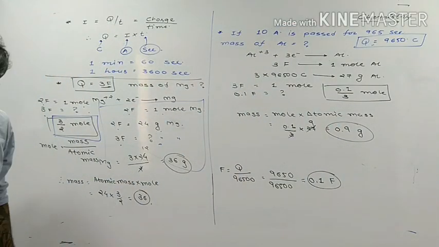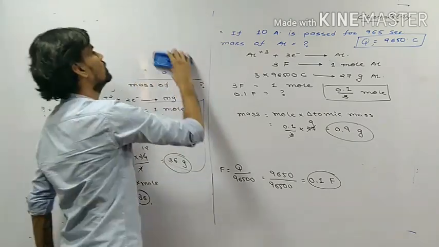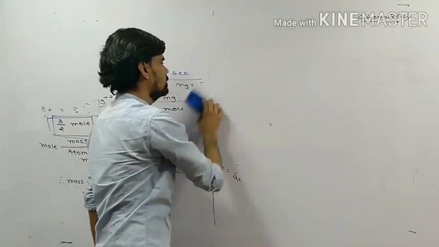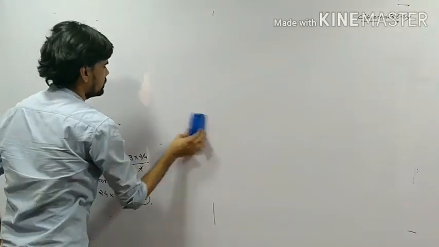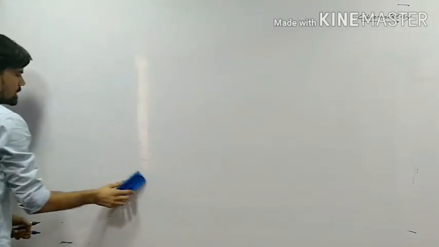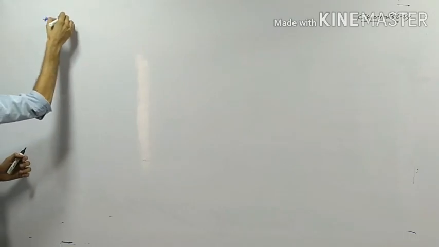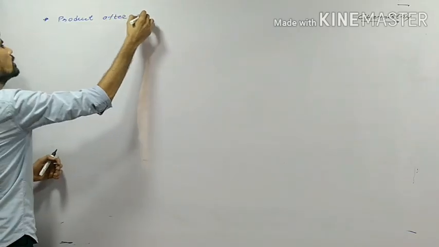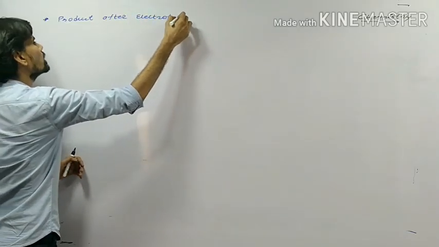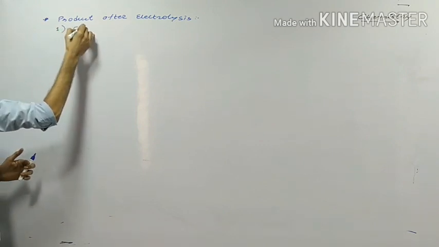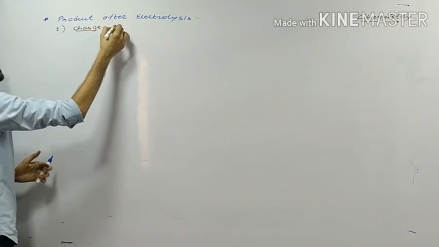Okay, fine. Another thing. We will study about different questions. After this point, the product after or because of electrolysis is based on 3 points. First one is the amount of charge or electric current.